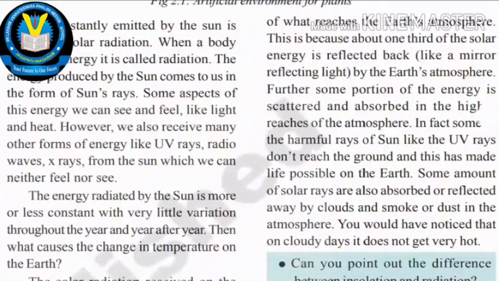The actual amount of solar energy received on the ground level is only a small portion of what reaches the Earth's atmosphere. So, you might have heard that we on the Earth receive a lot of solar energy, but still we get only a small portion of the solar energy.